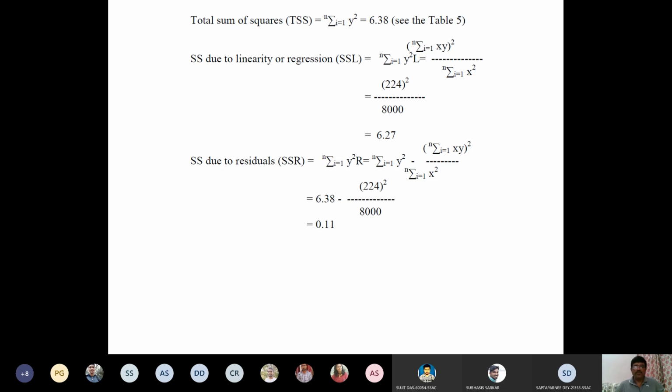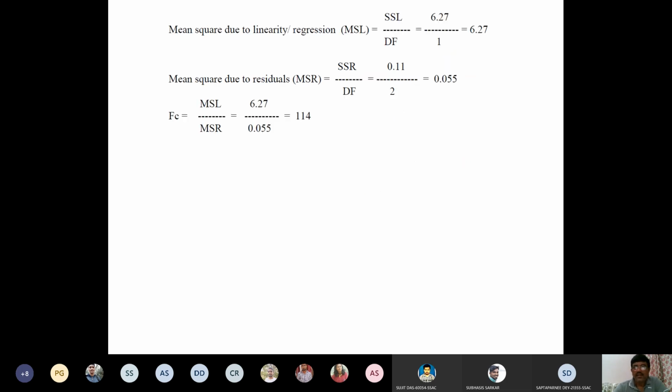So sum of square due to residual or error is 0.11, and sum of square due to regression is 6.27. Now mean square you can calculate by dividing the sum of square by the respective degrees of freedom. So you get 6.27 as mean square for regression, and mean square for residual or error is 0.055.